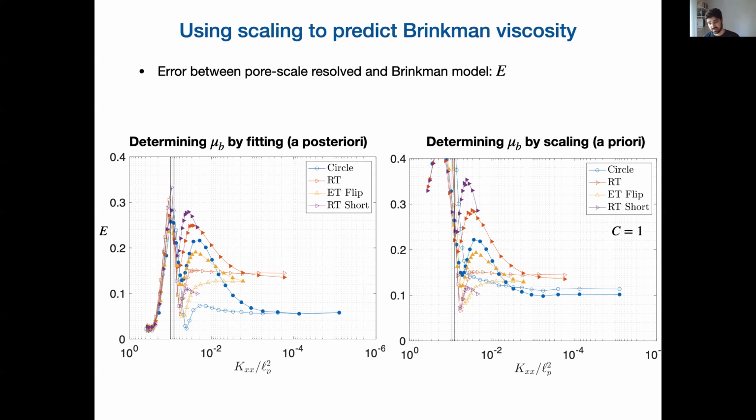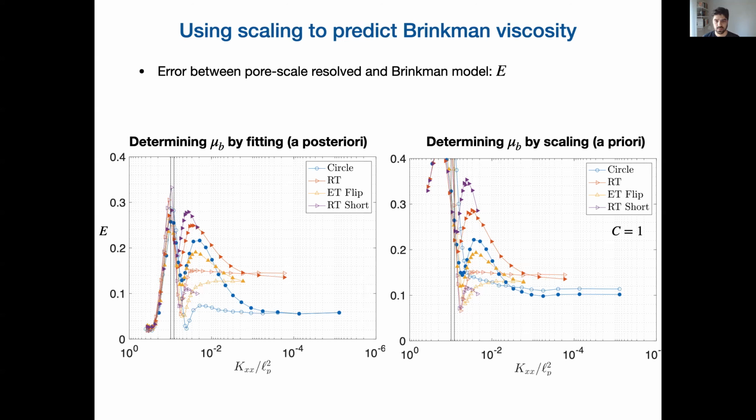As you can see here, we have cut off the error. The plot is not showing the error above 0.4, and there are 2 vertical lines in black in both plots. Those lines demarcate that if you're to the left of these lines, you are looking at porous materials which are not realistic to have.